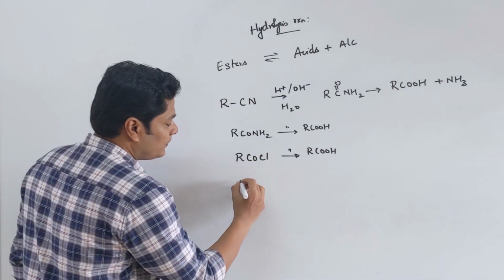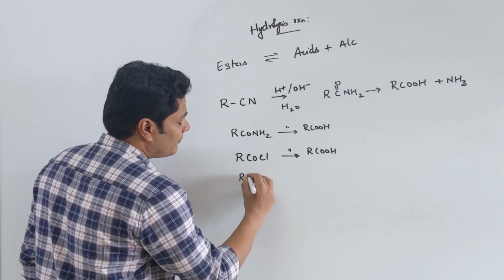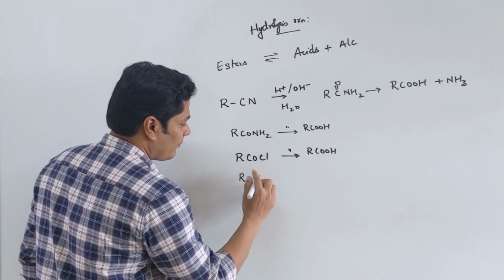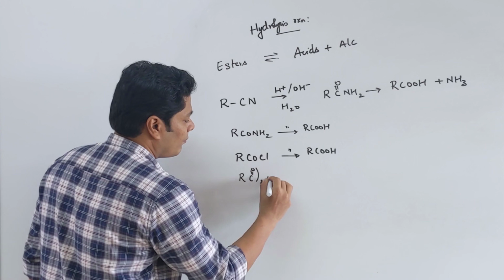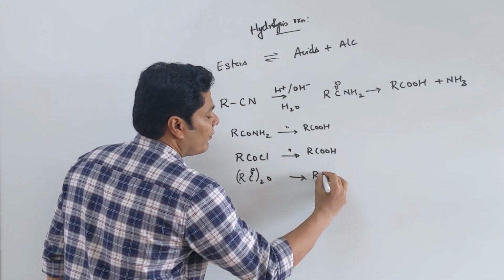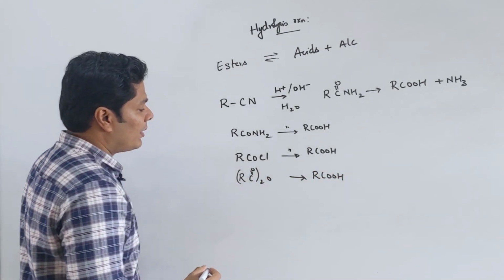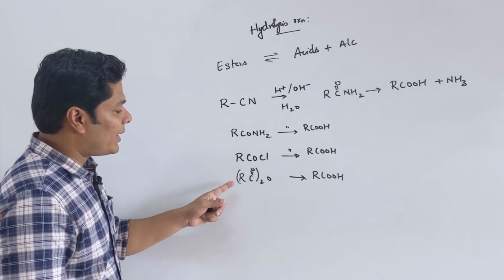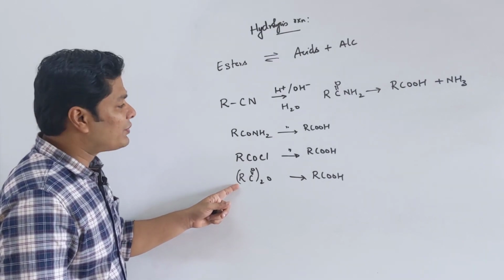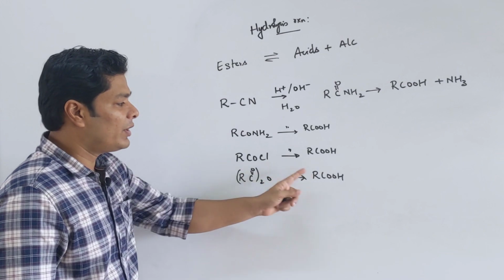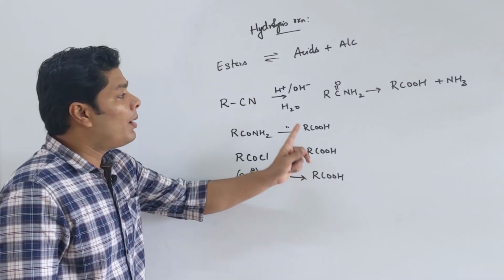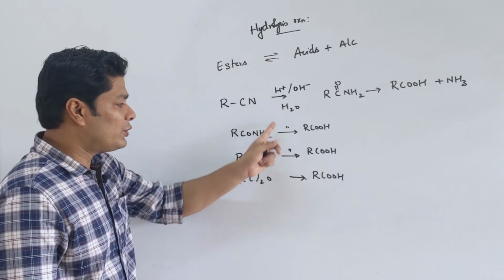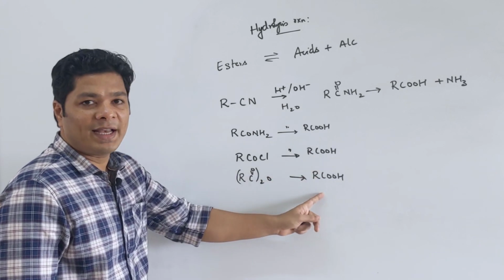We can also do anhydrides, and we can get RCOOH. The difference here is that when acid chloride or anhydride is used, we don't actually need H+, just water is good enough to give you the corresponding acid. In basic medium, you will get the corresponding carboxylate as always.